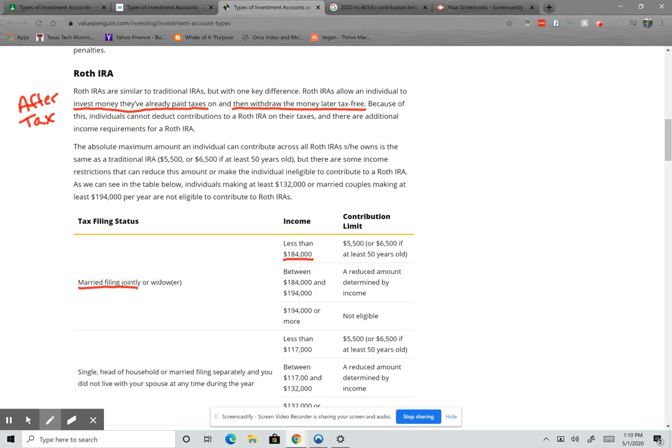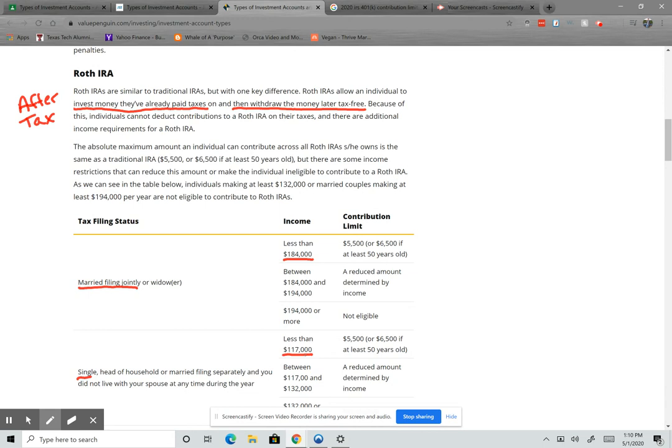If you're single, make less than $117,000. This isn't perfectly doubled. Not sure why that's not perfectly doubled, but that's the situation that we're in.